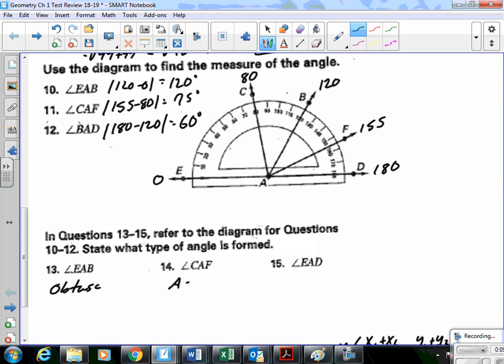So that classifies it as acute. Number 15, angle EAD. So from E to A to D, 0 to 180, then a 180 degree angle is a straight angle.